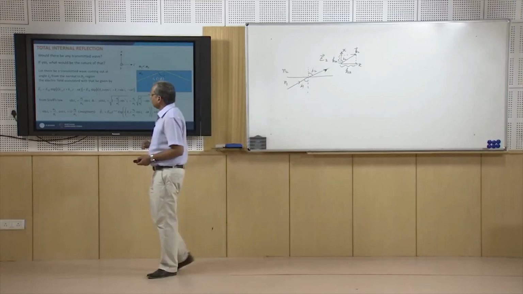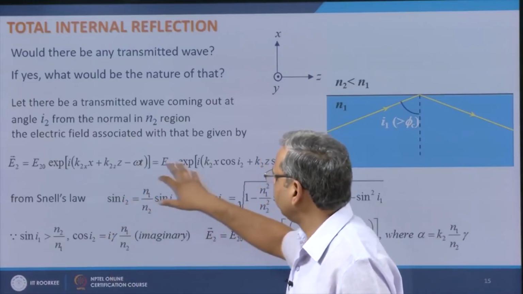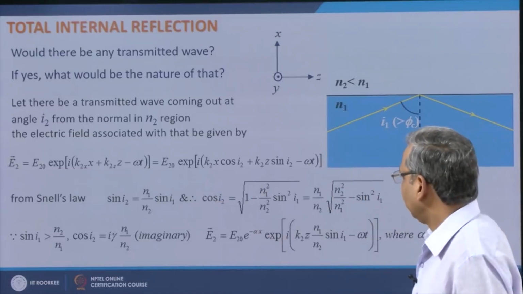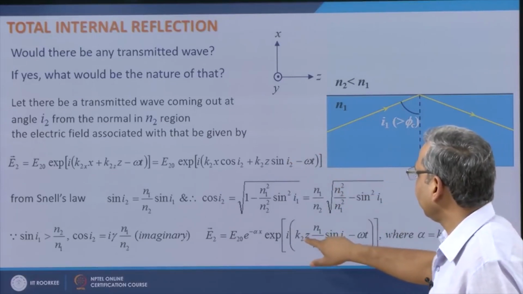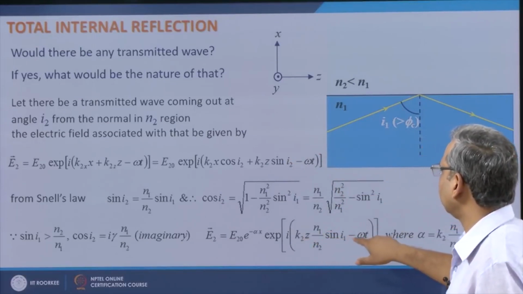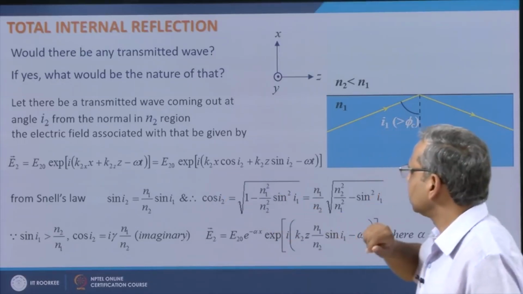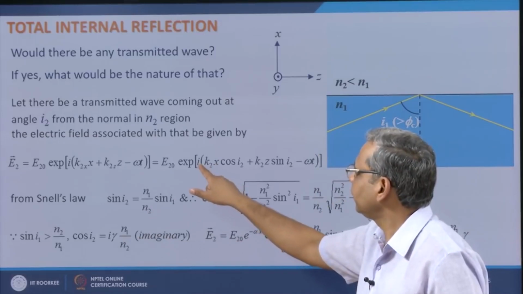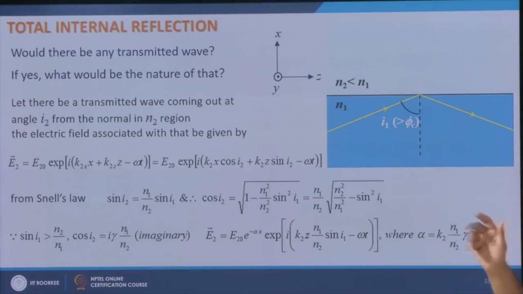Now if I put these values of sine I2 and cosine I2 back into this, corresponding to z it is fine, k2z n1 over n2 sine I1 minus omega t, but corresponding to x I have an i gamma factor, and when this i gamma is multiplied by this i, it becomes exponentially decaying.